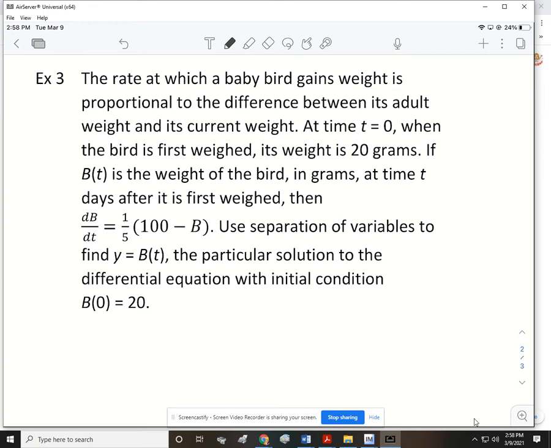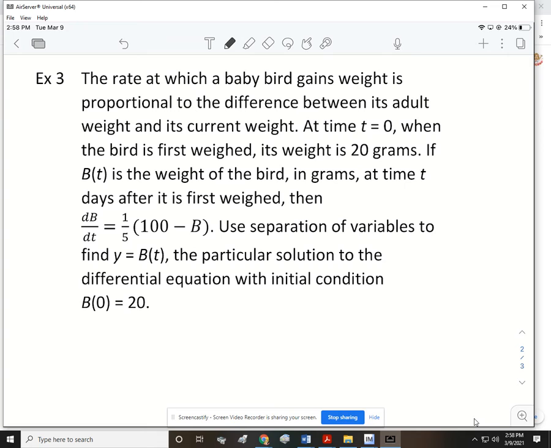If b of t is the weight of the bird in grams at time t days after it is first weighed, then db dt equals 1/5 times the quantity 100 minus b. Use separation of variables to find y equals b of t, which is the particular solution to the differential equation with initial condition b of 0 equals 20.